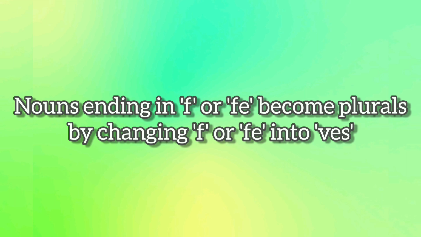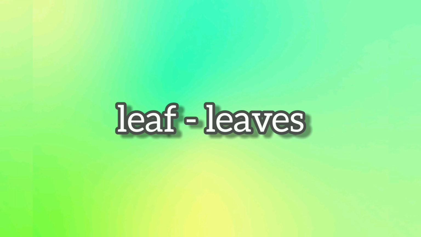Nouns ending in F or FE become plurals by changing F or FE into VES. For example, leaf, L-E-A-F.